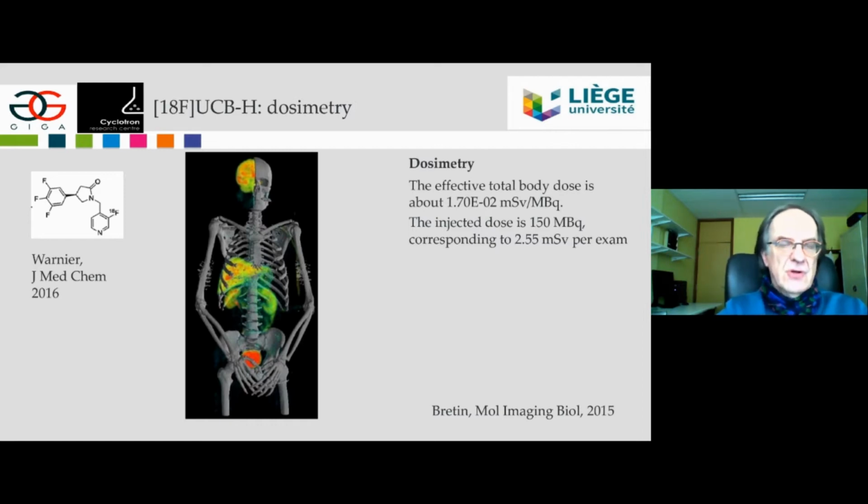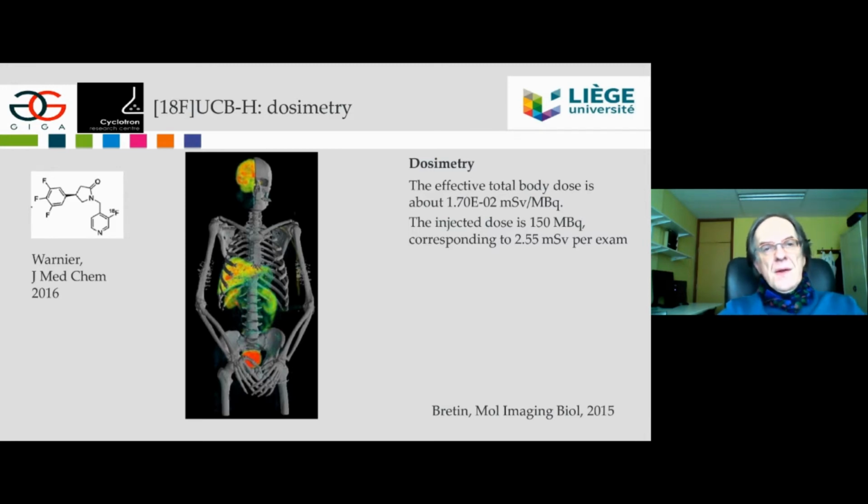And so this is a kind of a publication we made. So hopefully in the human brain, there is effectively an accumulation of the tracer. But then we've got an accumulation which is non-negligible in the liver. There is an accumulation in the gut. But the most important accumulation is here in the bladder.